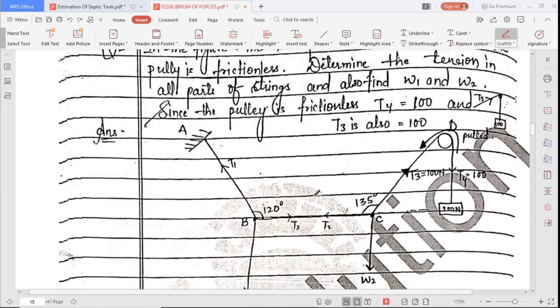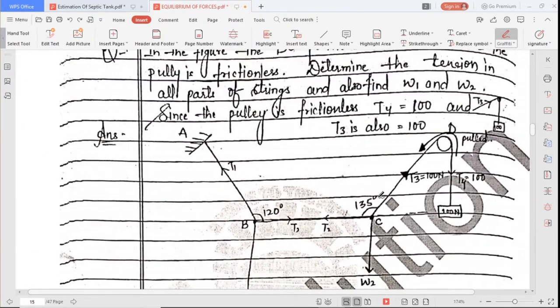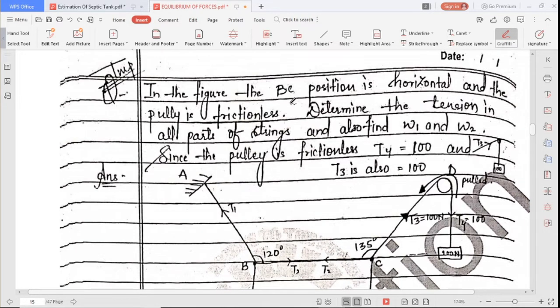So it is also the same problem as we solved before, but here, for confusion, they have given something. See here in the figure, the B position, B is horizontal and the pulley is frictionless. If the pulley is frictionless, they have given T4 as 100. T4 is the extended part of the T3 after this pulley, and it is carrying a weight of 100 Newton.